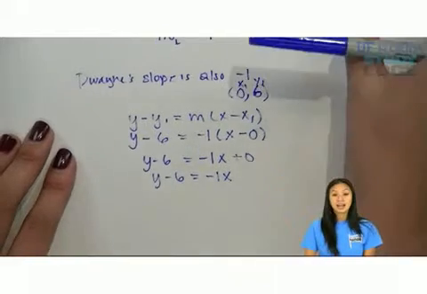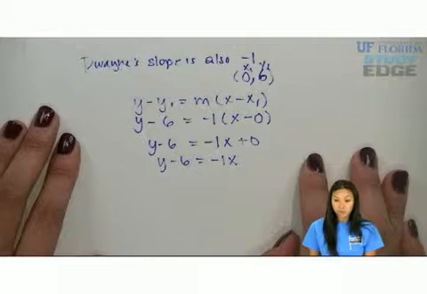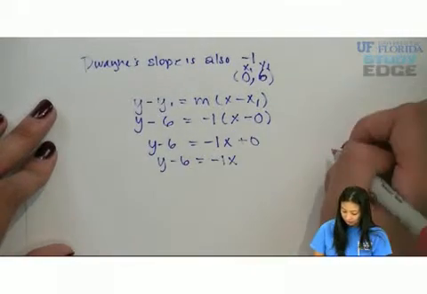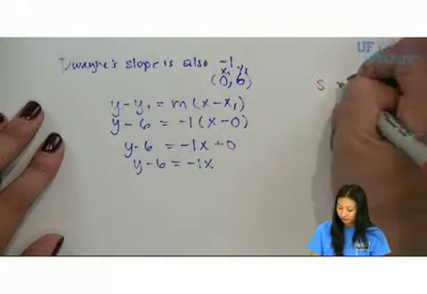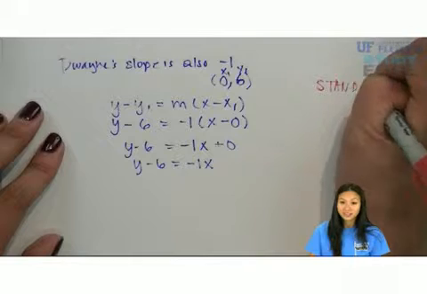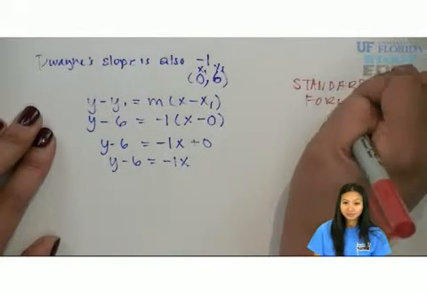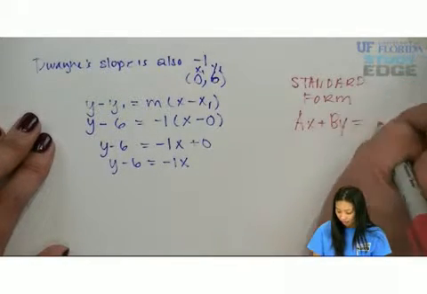All right, so I have this now, but remember, they said they want it in standard form. Standard form, if you remember, write this down on the side, is ax plus by equals c.